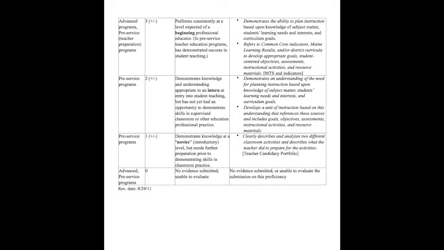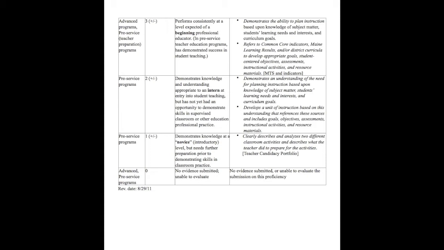Let's take a closer look at the rubric we're using to assess students' progress in meeting state standards and NCATE proficiencies. The new rubric scale is 0 to 6. A 0 indicates no evidence.